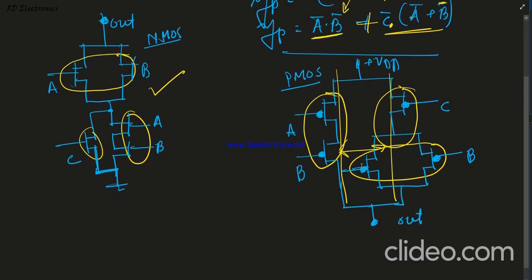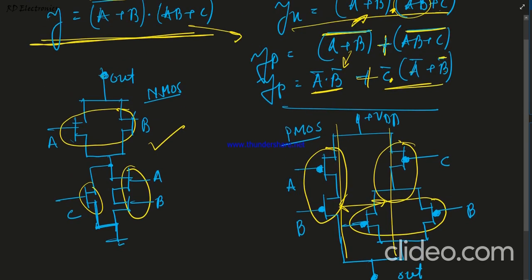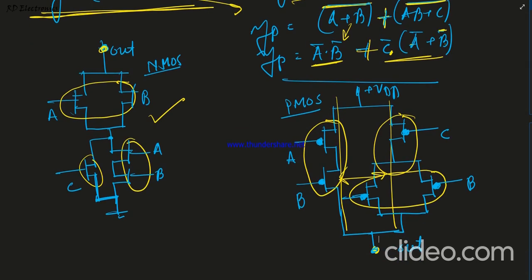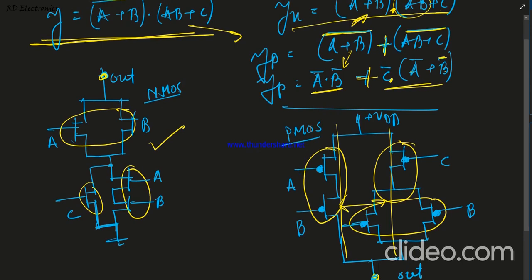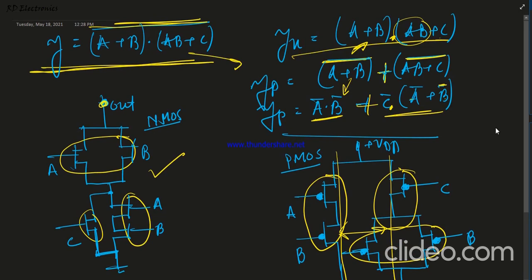First you draw the PMOS and then the NMOS. Then these two drain terminals are connected together to make a CMOS equivalent circuit. Okay, please do it and draw the complete CMOS circuit.